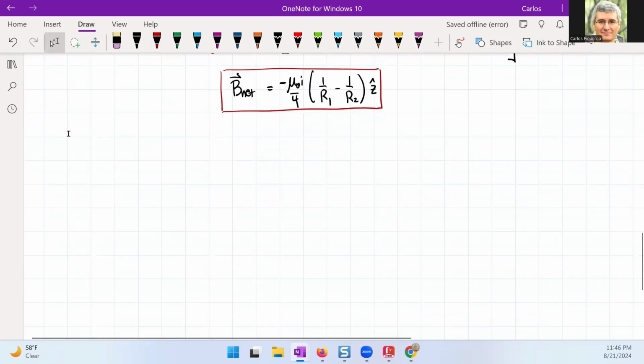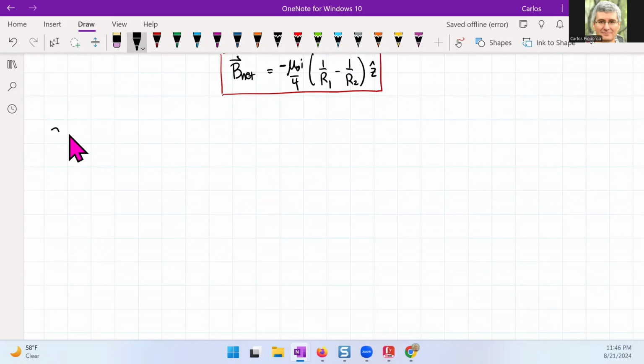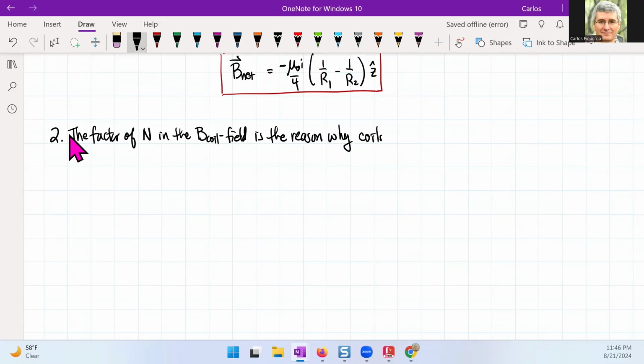Another relationship that we should think about in some detail here is the factor of N in the magnetic field of a coil. It is the reason why coils and not single loops are used to produce strong magnetic fields.